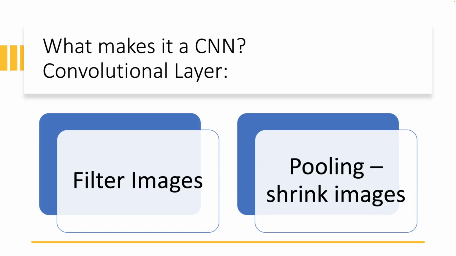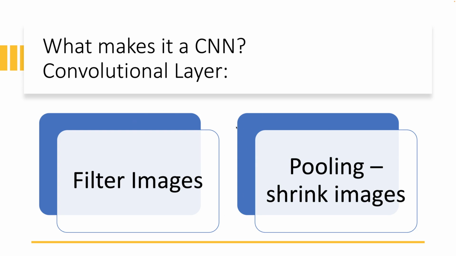So as far as a convolutional neural network is concerned, we have to think about what is going to label a network as being convolutional. Well, the first thing is it has something called a convolutional layer. Sometimes people refer to the convolutional layer as both of these things.